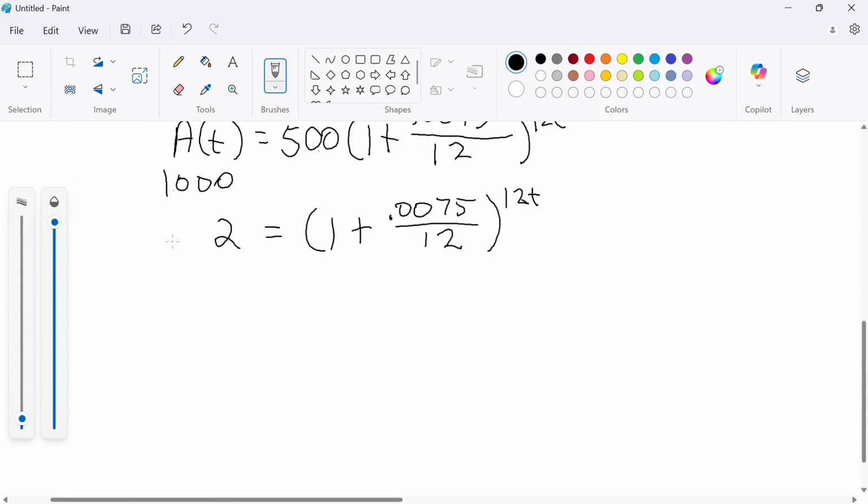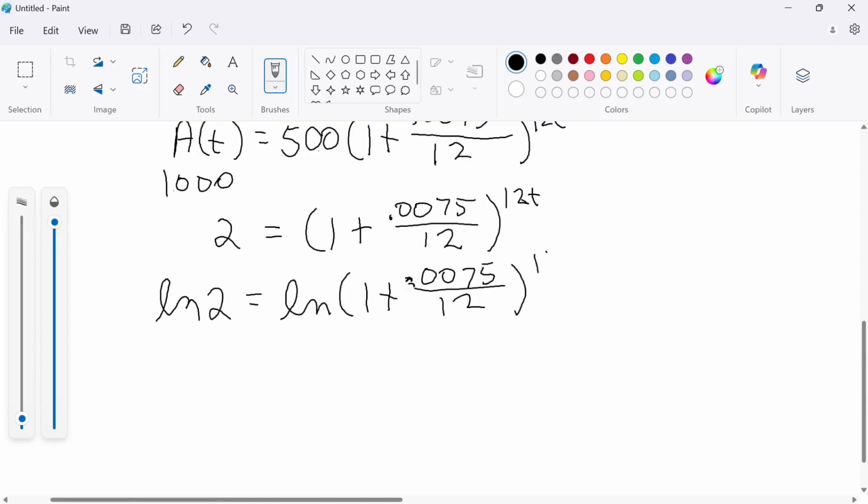So how am I going to isolate that t to solve it? Well, I'll take the natural log of both sides. You can actually take any log of any base, but it's traditional to use natural log for these financial problems, especially when it starts going continuous, because that's log base e, and e is in the formula.